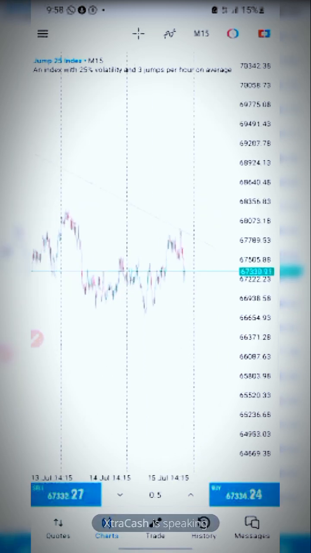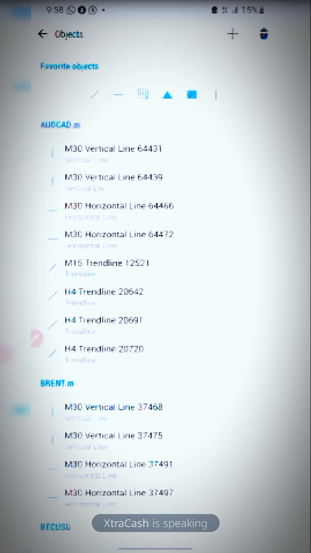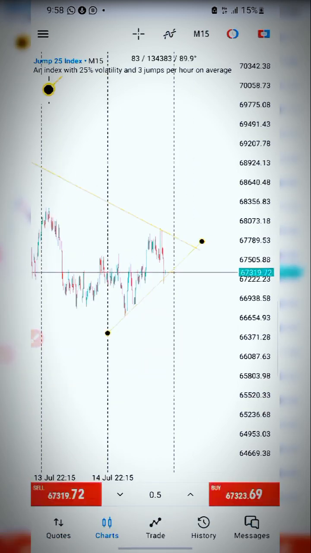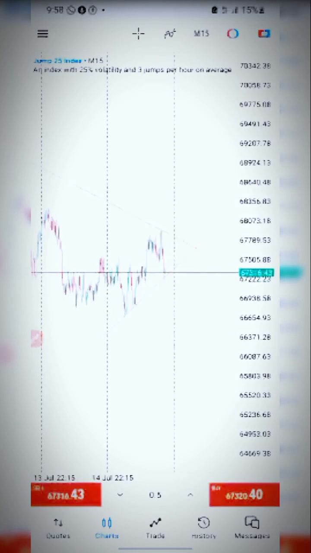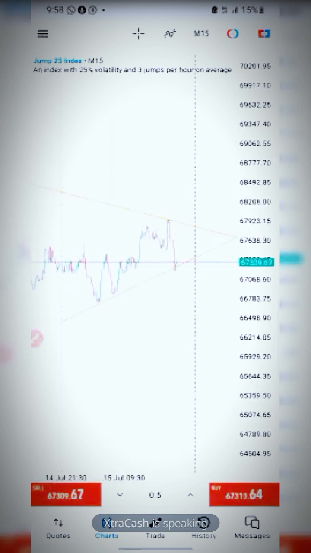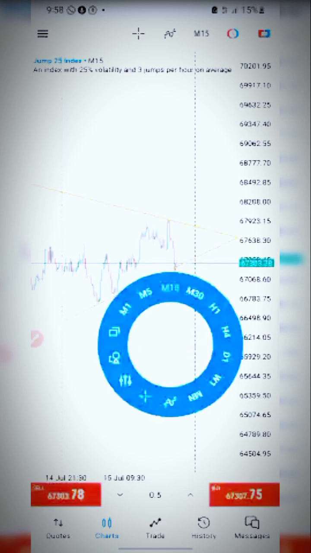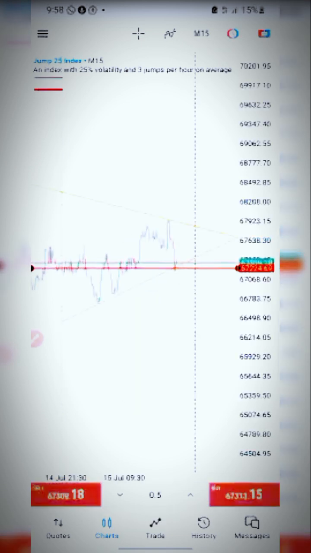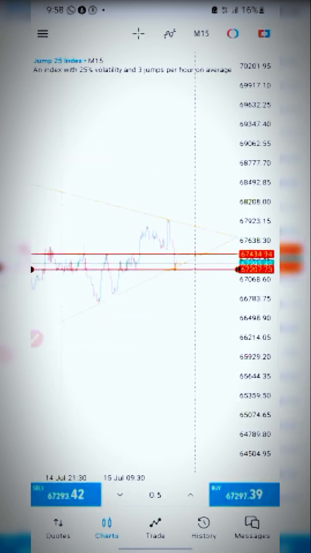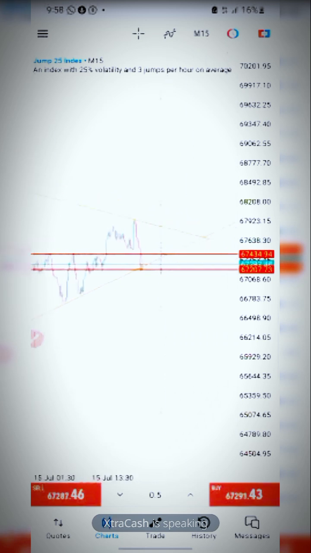So let me also see if I will see something that looks right. This market is more of a bearish trend.